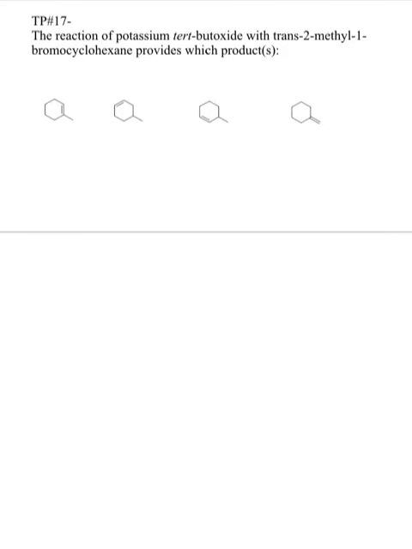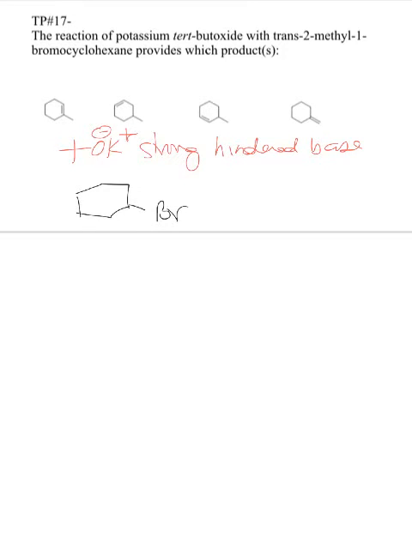The reaction of potassium tert-butoxide. Potassium tert-butoxide. It's a strong hindered base, okay? See how you classify everything? It's a strong hindered base with trans 2-methyl-1-bromocyclohexane. Okay, so let's draw this out. 1 bromo, 2 methyl, and it's trans. So one of these is going to get a dash, and the other one's going to get a wedge.